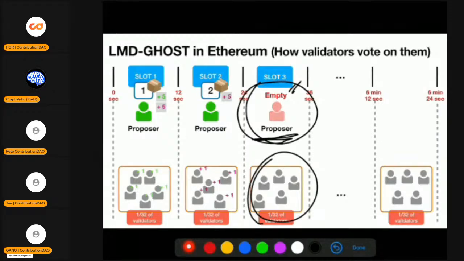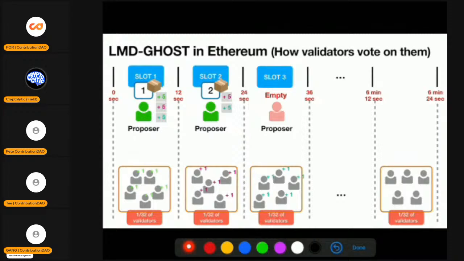By the head I mean the latest block that they see, so the latest block is going to be block 2. Because they cannot vote for a block in slot T, since there is no block there, they have to vote for the block at slot 2. And again, this vote also affects block 2 and block 1 as well.